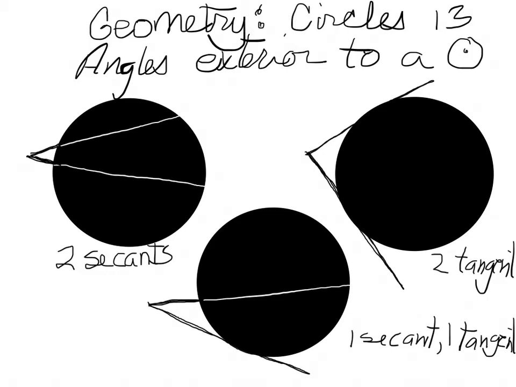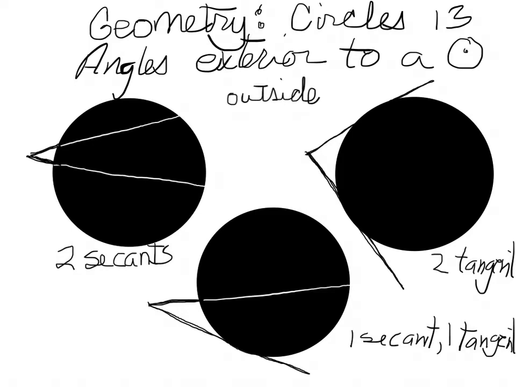And those angles are going to be like this angle right here, formed by two secant lines, or this angle here formed by two tangent lines, or this angle here formed by a secant and a tangent.